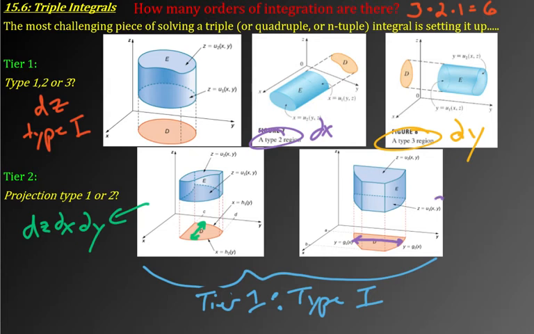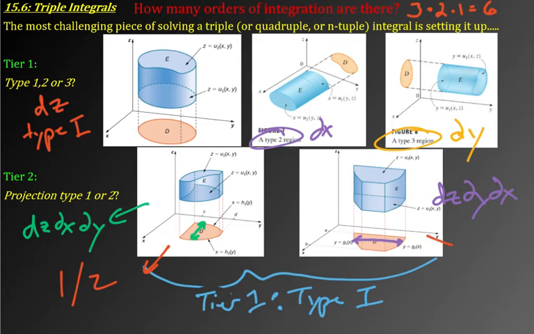So this one would be z y x. And so there are technically some naming systems out there where you'll see this is a type 1 followed by a type 2, and so you'll sometimes see some books call this integral a type 1/2.